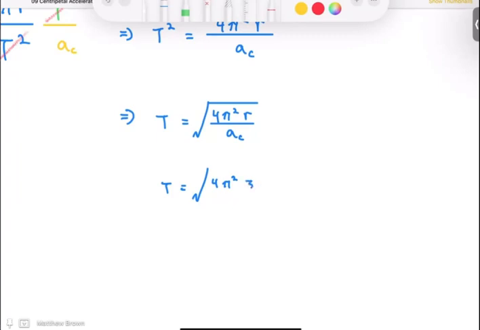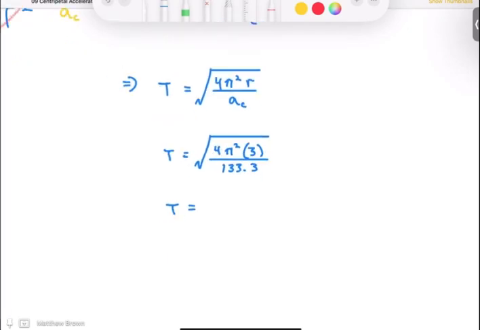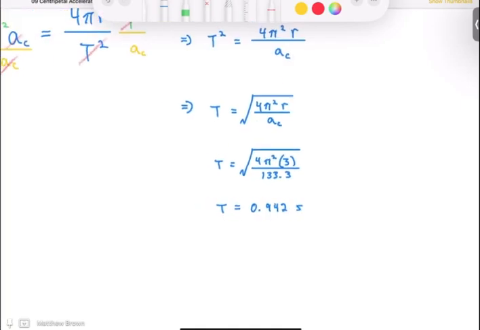The radius we're given is 3, and the acceleration we just calculated was 133.3. And that means that the period, if we put all these numbers into a calculator, is 0.942 seconds. Not bad for one revolution.